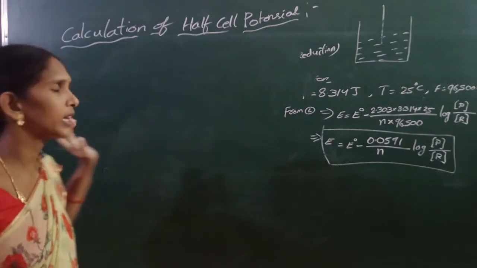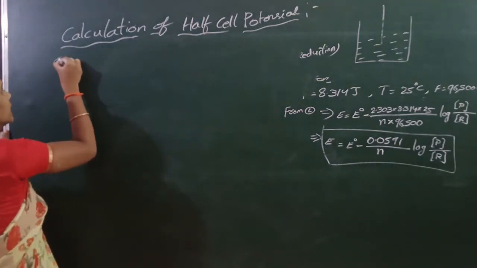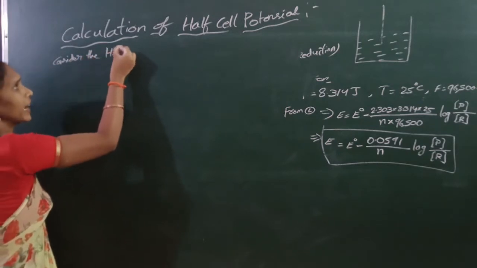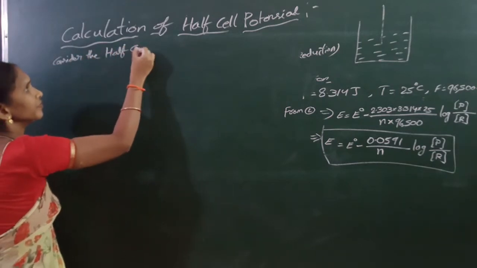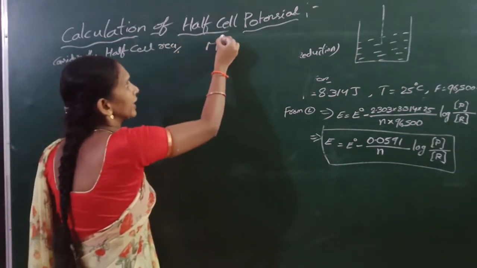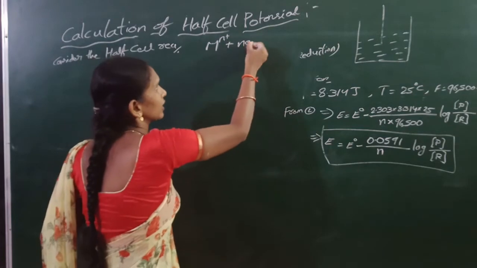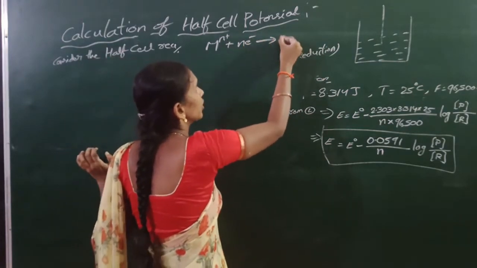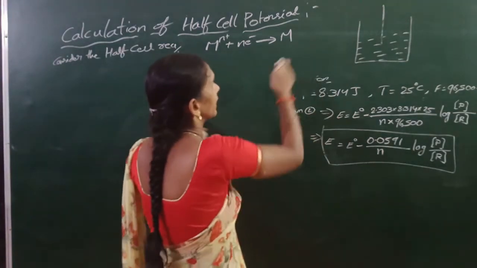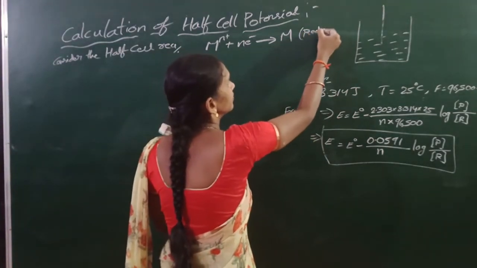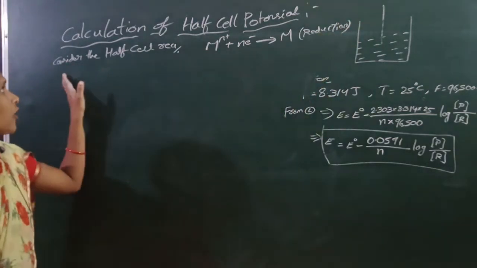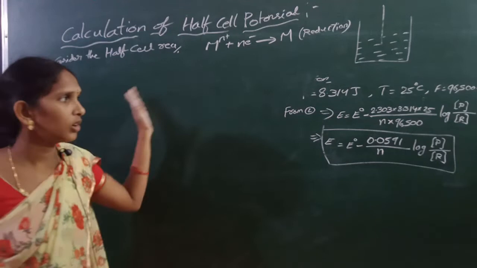Consider the half cell reaction: M n plus plus n electrons gives M. In this case reduction takes place.